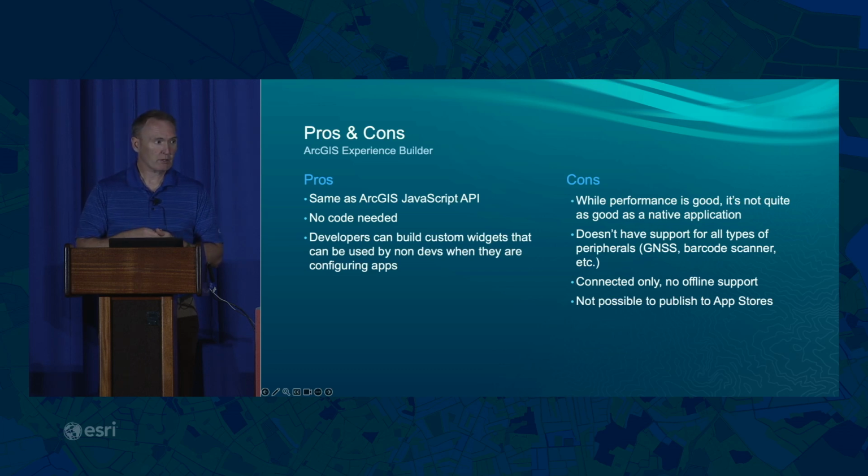It is connected only, so it runs inside a browser. You can't go offline. And again, it's not possible to push these apps to an app store. So that is JavaScript SDK and Experience Builder.